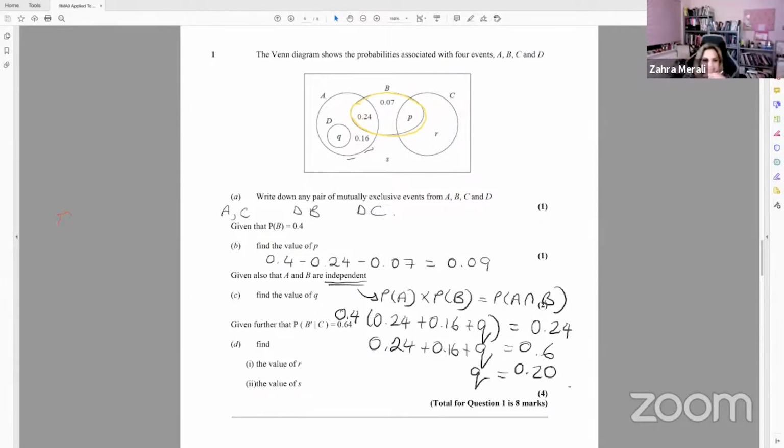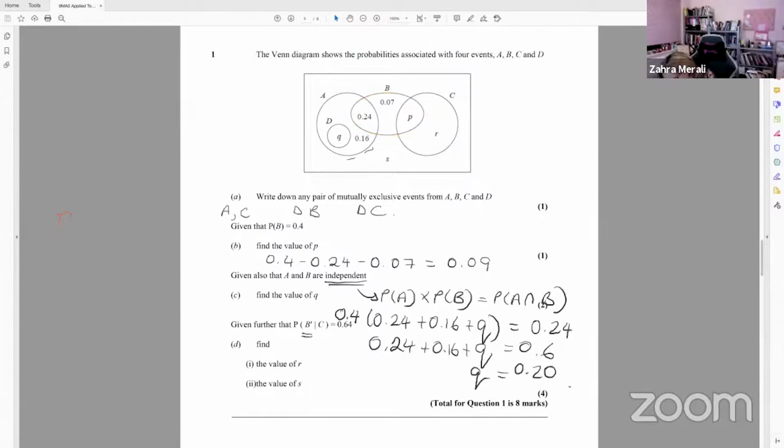And they now say, given further that not B, so B with a dash next to it, given C. Now, all given means is that you've made your world smaller. So given C means now all I care about is this circle.